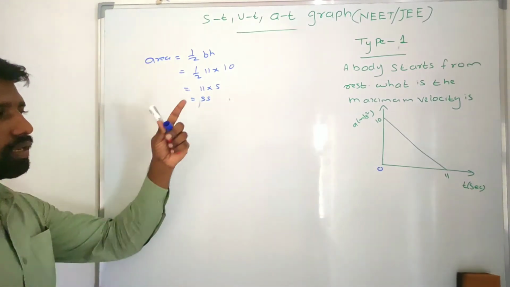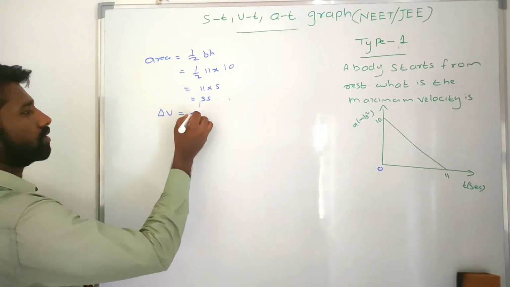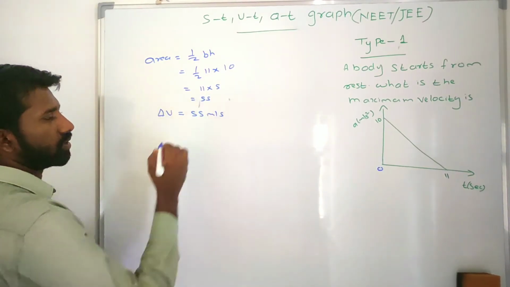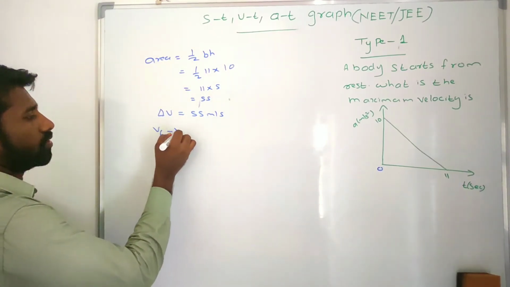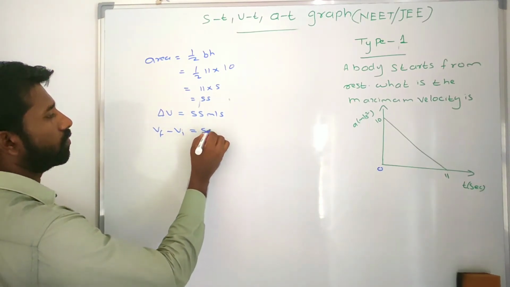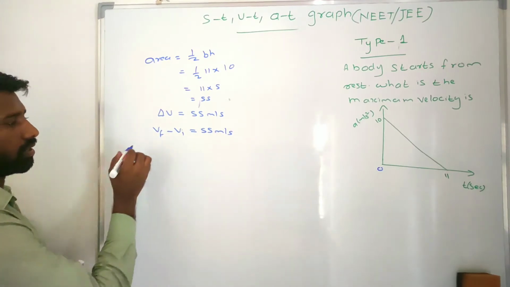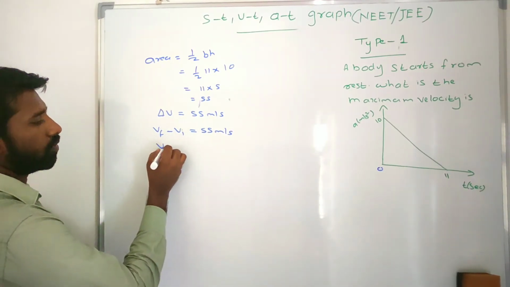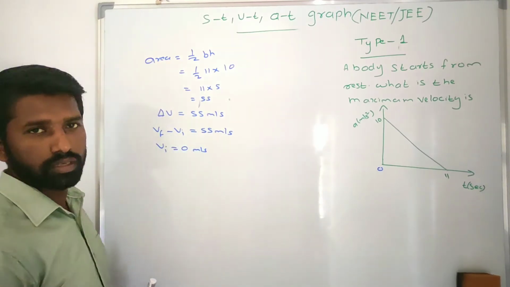The area of the acceleration-time graph is change in velocity. So delta V is equal to 55 meter per second. What is change in velocity? Final velocity minus initial velocity, which is equal to 55 meter per second. What about the initial velocity here? They said the body starts from rest, so the initial velocity is 0.